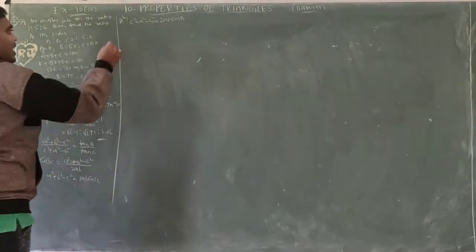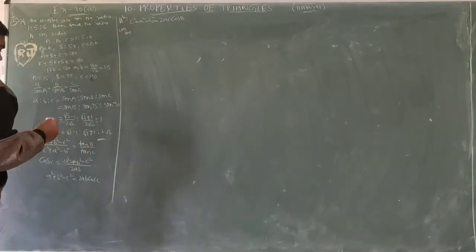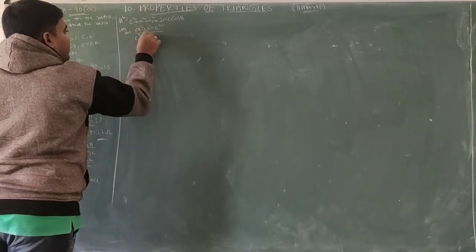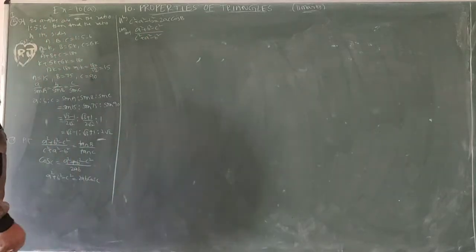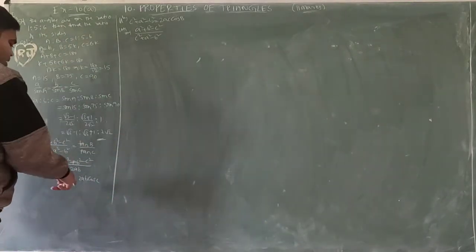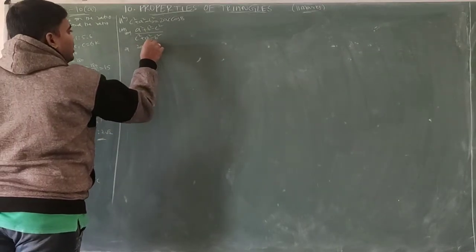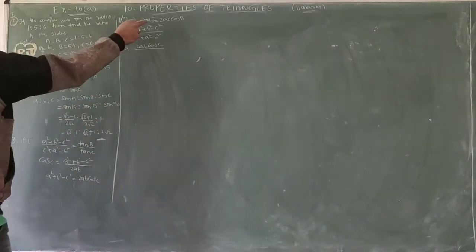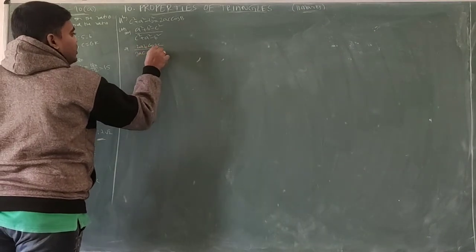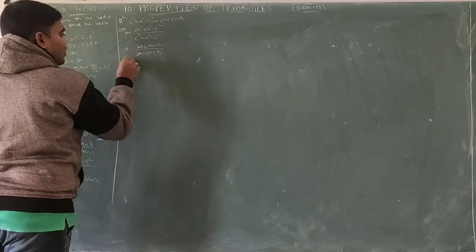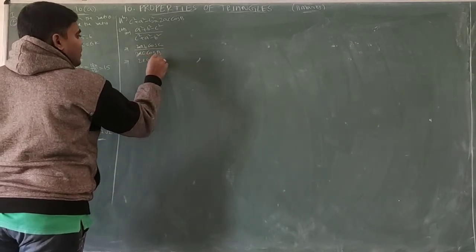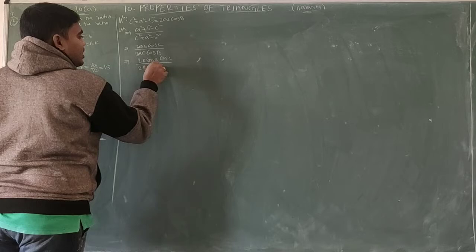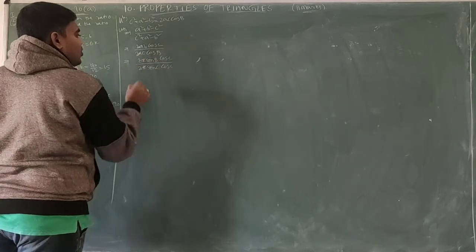Okay, now I am taking the LHS. So what is LHS? (a square plus b square minus c square) by (c square plus a square minus b square). The numerator is equal to 2ab cos C, by the denominator equal to 2ac cos B. 2a cancels. b equal to 2R sin B, c equal to 2R sin C, so 2R also gets cancelled.